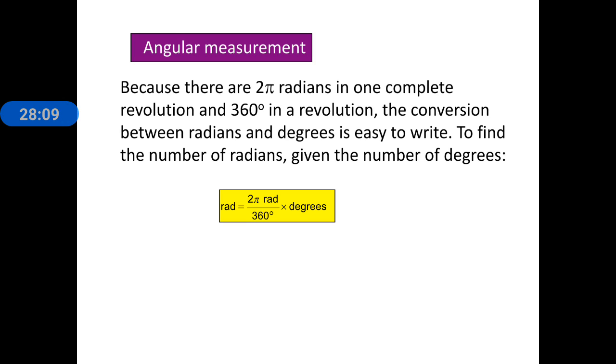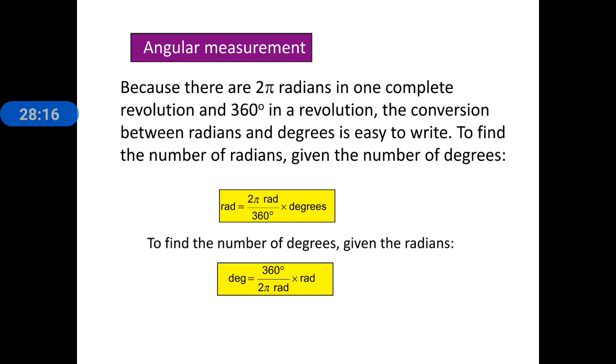It's a conversion. If we know the degree, we can convert into radian. If we know the radian, we can convert into degree. We will discuss this again whenever we are doing some problem.